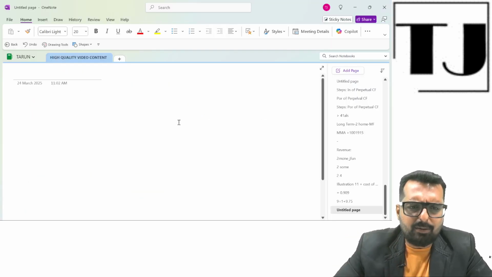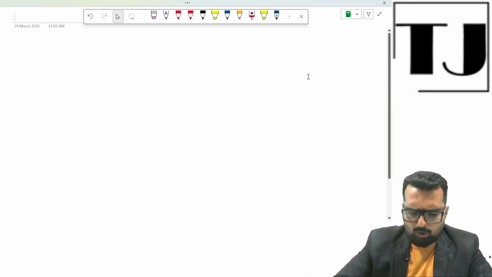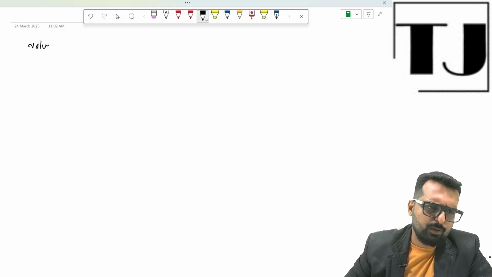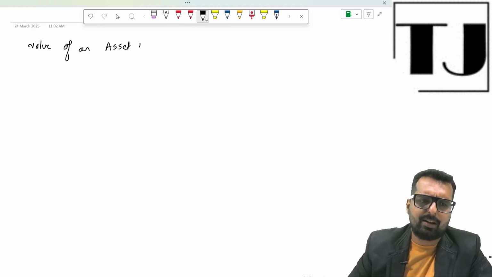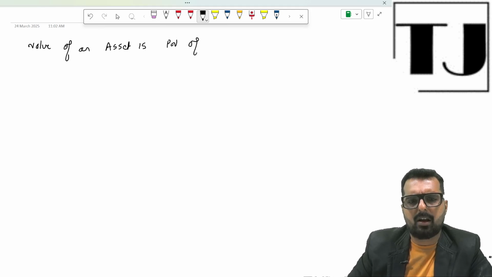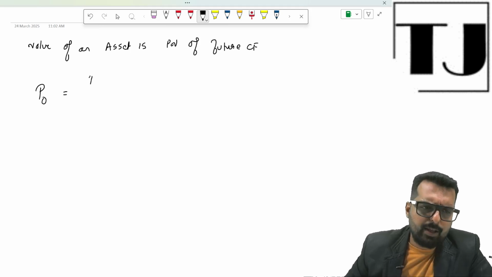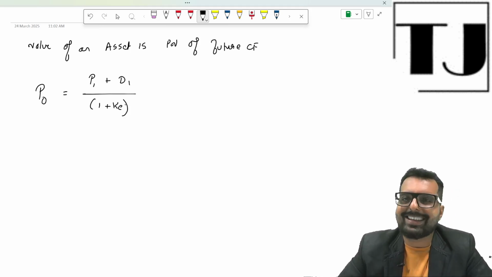Friends, if you have attended my class, you would know that I always keep saying one very important thing, that is value of an asset is nothing but the present value of future cash flows. So here I would say P0 is equal to P1 plus D1 divided by 1 plus KE.